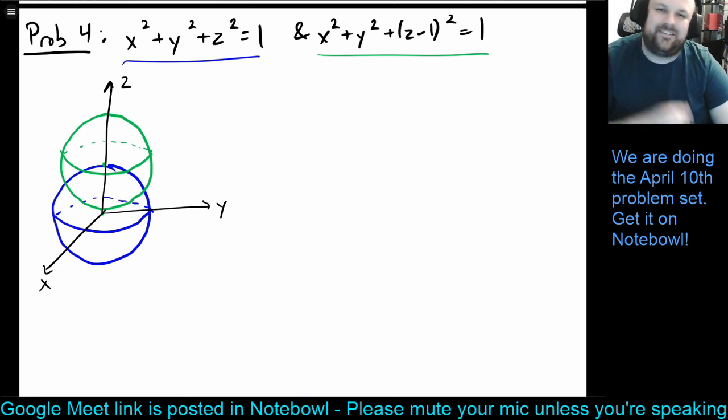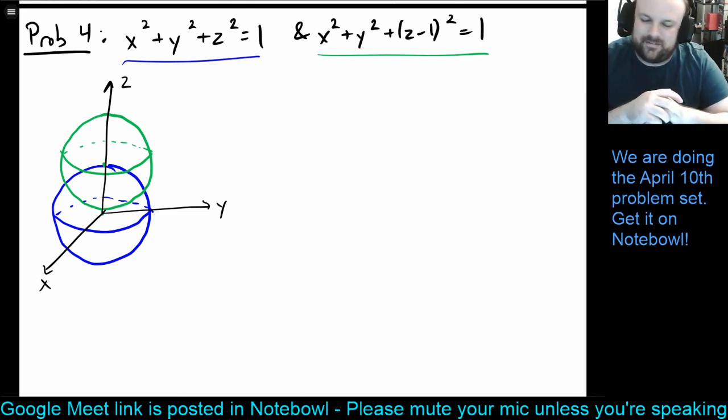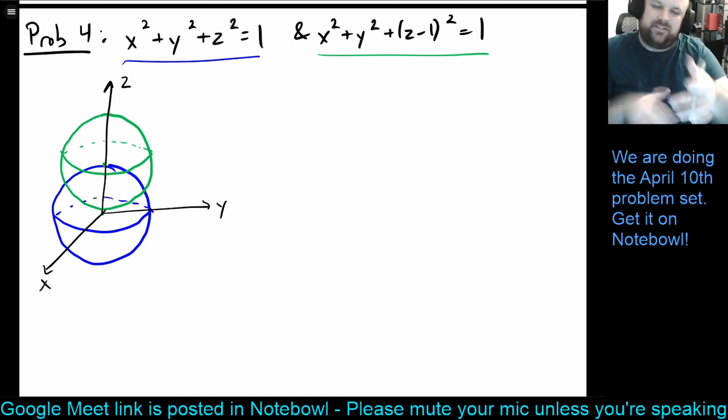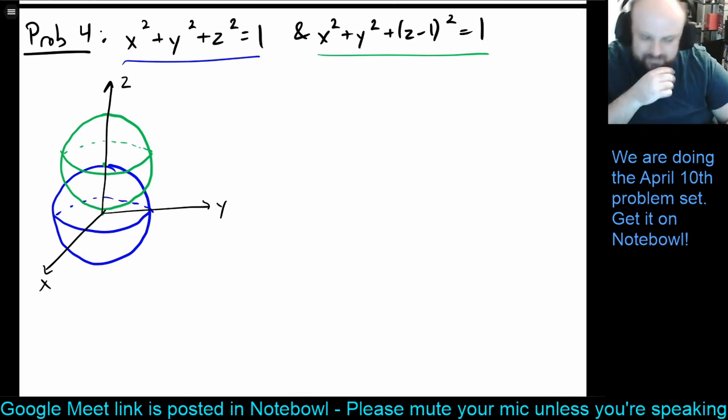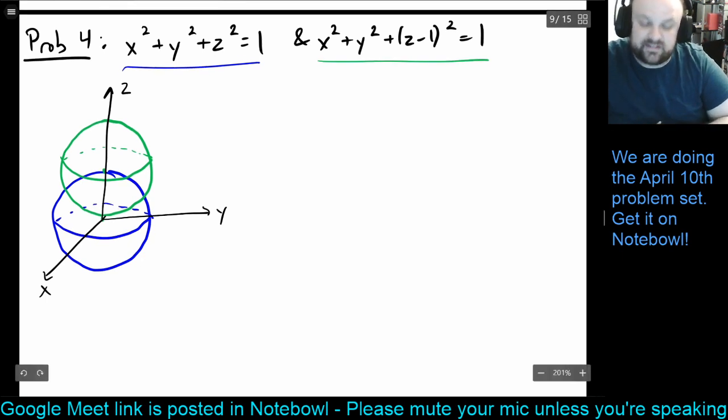It's almost like... I'm going to call it a UFO. It's not, but I had a better name for that shape and I forgot what it was. Yeah, it's kind of round on top, round on the bottom, and then kind of sharp on the edges. Yeah, so we need to figure out how to find the volume of this thing.